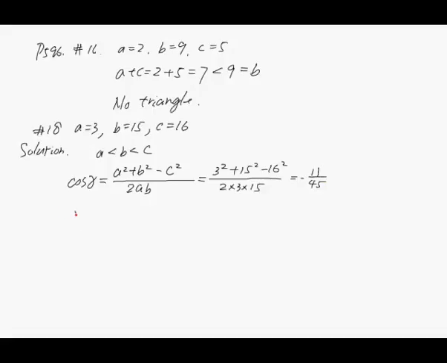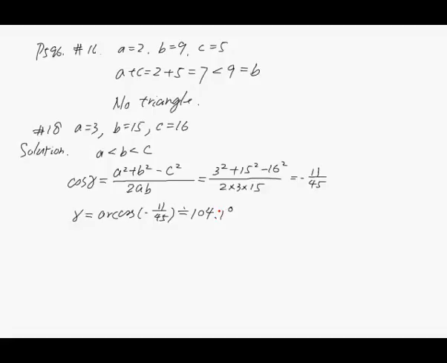Then gamma is equal to arc cosine of negative 11/45, which is approximately equal to 104.1 degrees.